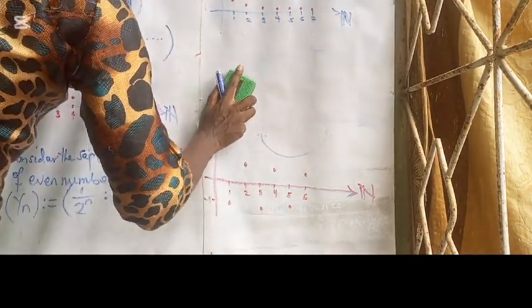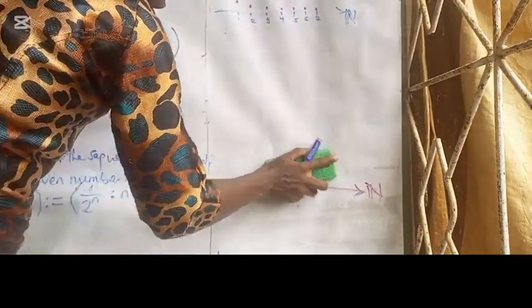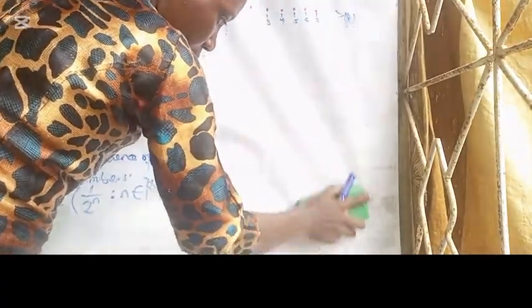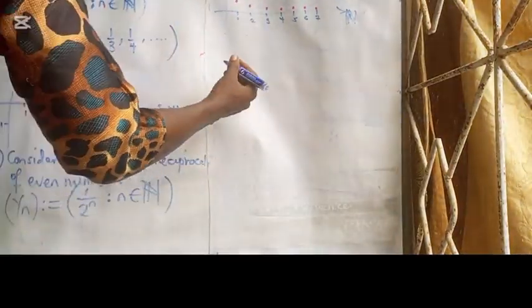Determine what happens to the following sequences as n gets bigger and bigger.